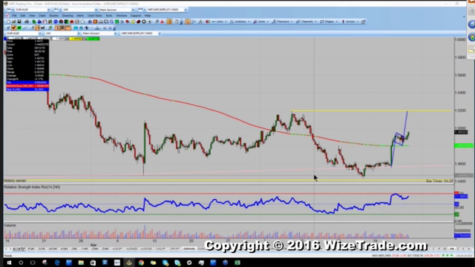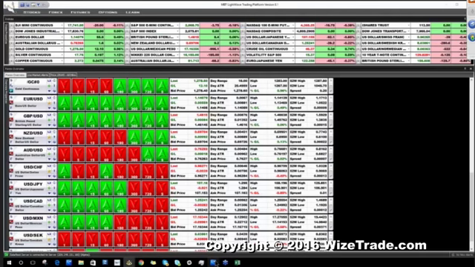Like I told you guys a couple of days ago, what did I want to happen in the Aussie? I wanted the Aussie to rally so I could short it. I wanted it to rally to 77 cents. It didn't quite make it to 77 cents. It made it to 76.80, but you know what I wanted to do with it, right? I wanted to short the pip out of it.